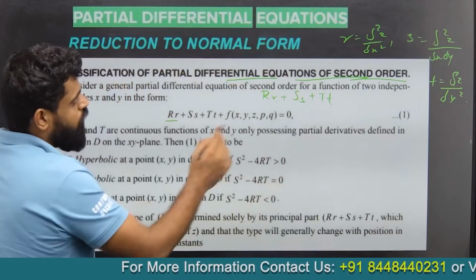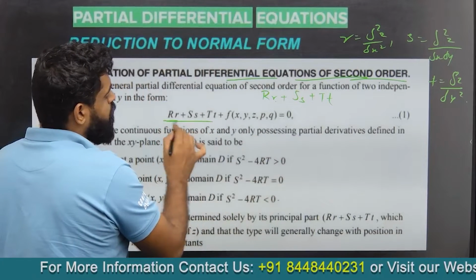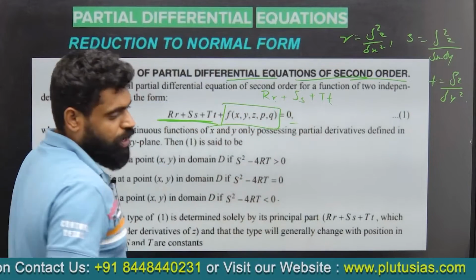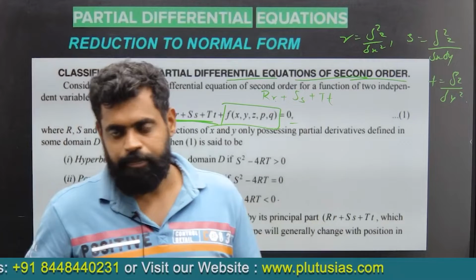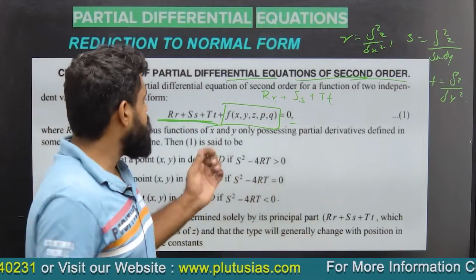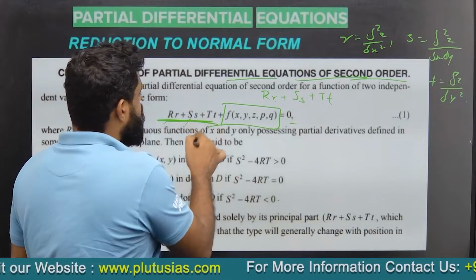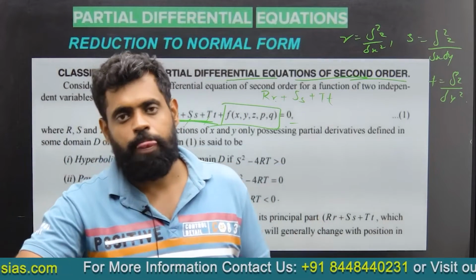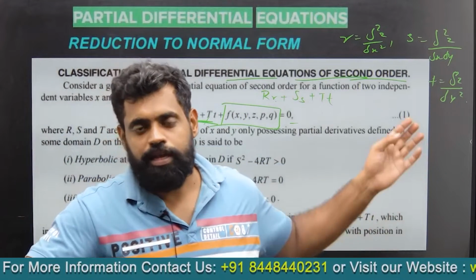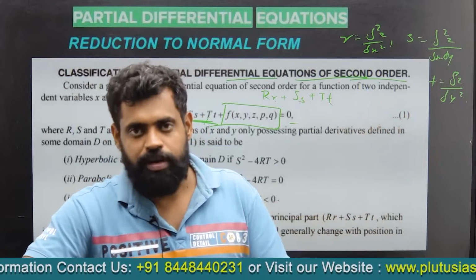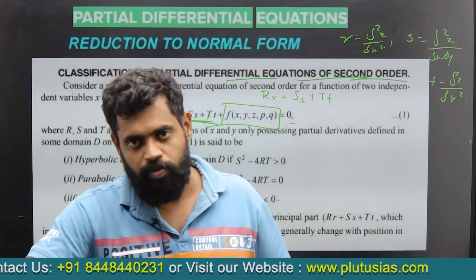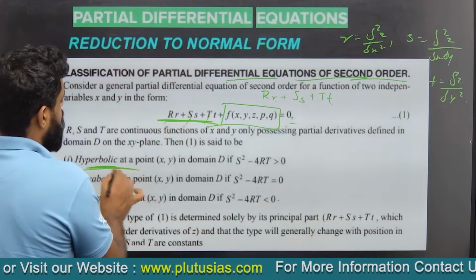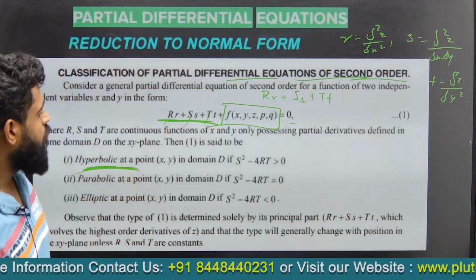So any second order differential equation will be of the form this plus f of x, y, z, p, q, okay. It will be of the form this only, second order, and these r, s and t are the coefficients of the second order derivatives of z, okay, these are the coefficients we are interested in, in this question, okay. So how do we say it is parabolic?